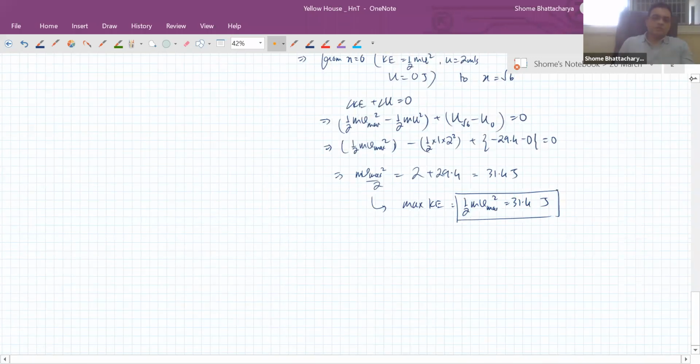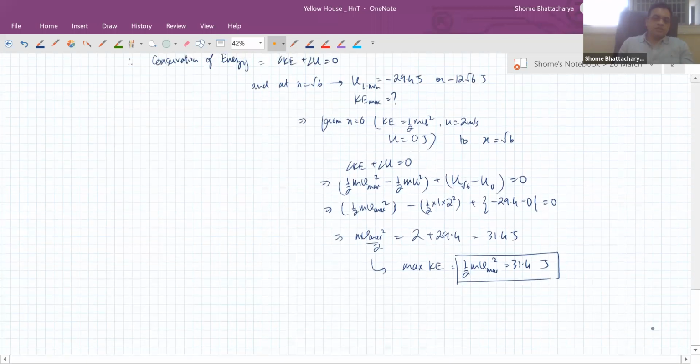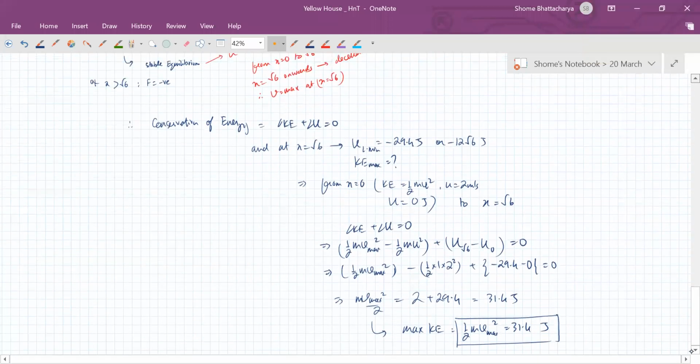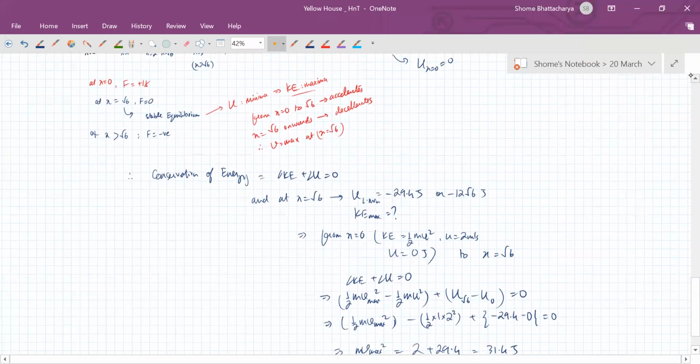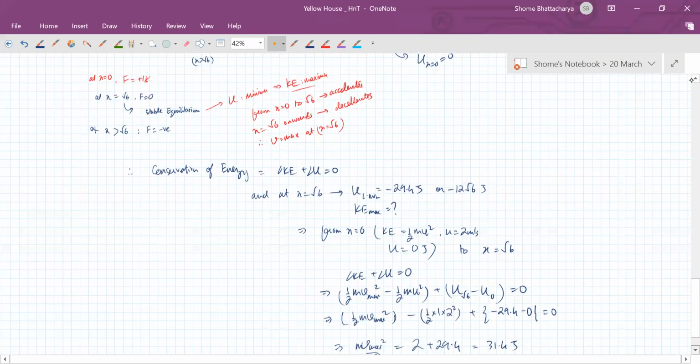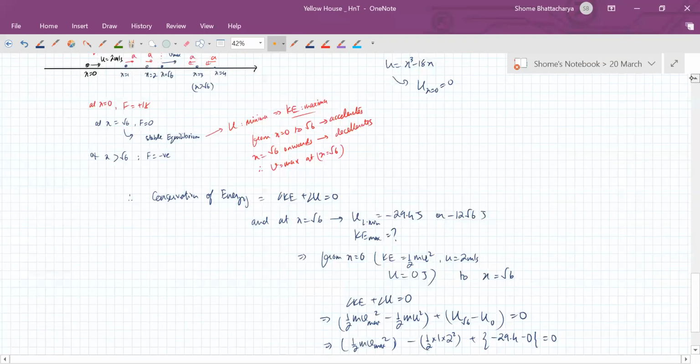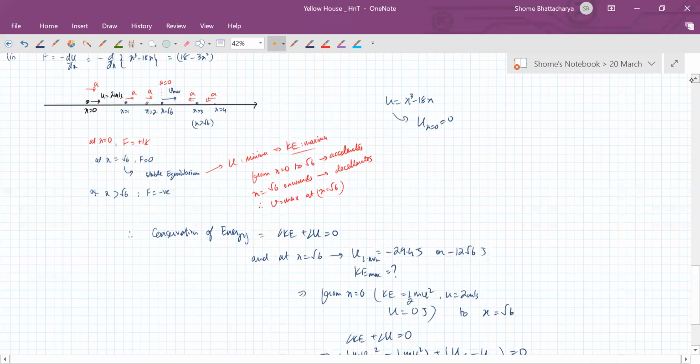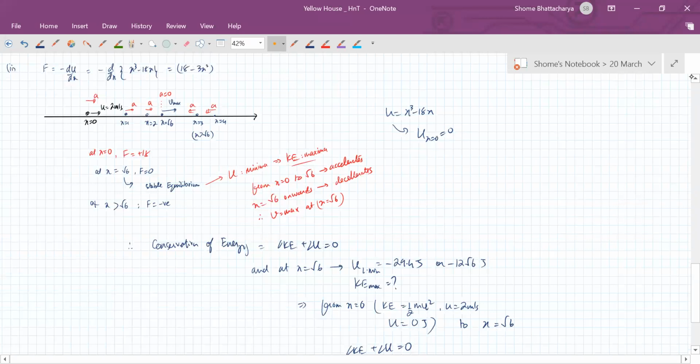This is identical to the question we have done in the previous lecture, but there the potential energy function was a parabolic function or a quadratic function. Here I have given you an example of a cubic function. So it's a little bit more involved mathematically, but it's exactly the same steps. Okay, so just try this out.